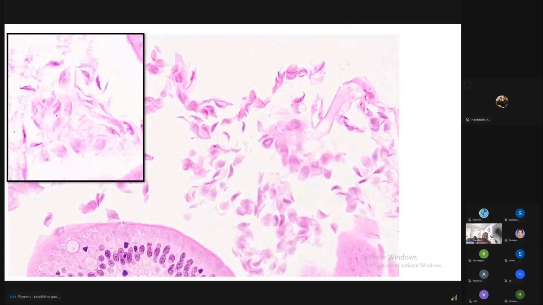On higher power, we can demonstrate that these organisms have paired nuclei, two nuclei, with crescent or pear shaped organisms. These features are suggestive of Giardia.